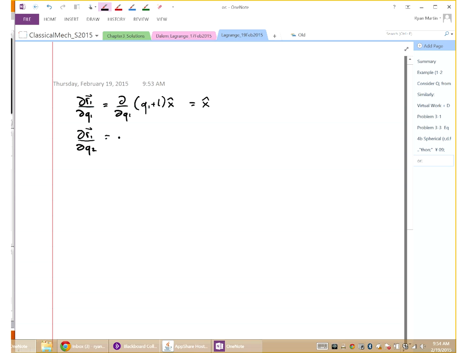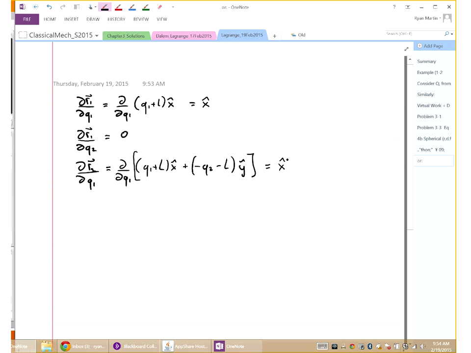∂R1/∂Q2, well, R1 doesn't depend on Q2, so that's simply going to be 0. Then we need ∂R2/∂Q1, so that's ∂/∂Q1 of Q1 plus L x hat plus minus Q2 minus L y hat.